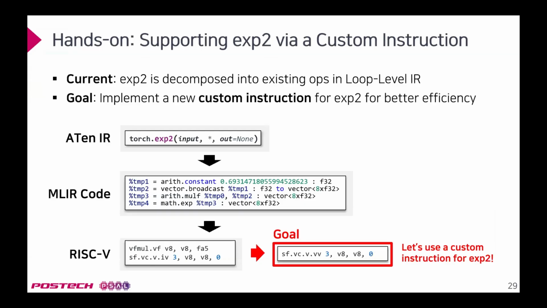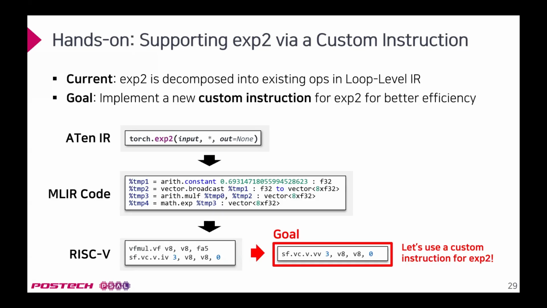The goal of this session is to extend PyTorchSim with a custom instruction for exponent2. Here's the big picture of what we are going to do. Currently, aten.exponent2 gets lowered to this MLIR code and then compiled to RISC-V instructions: a multiply and a custom exponent instruction.